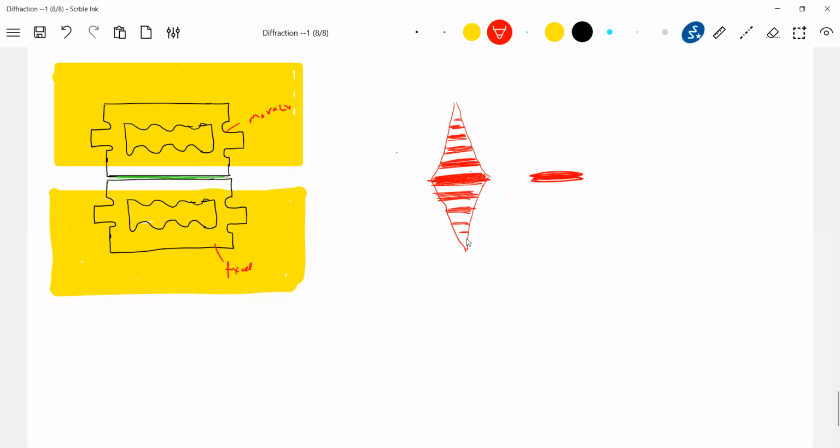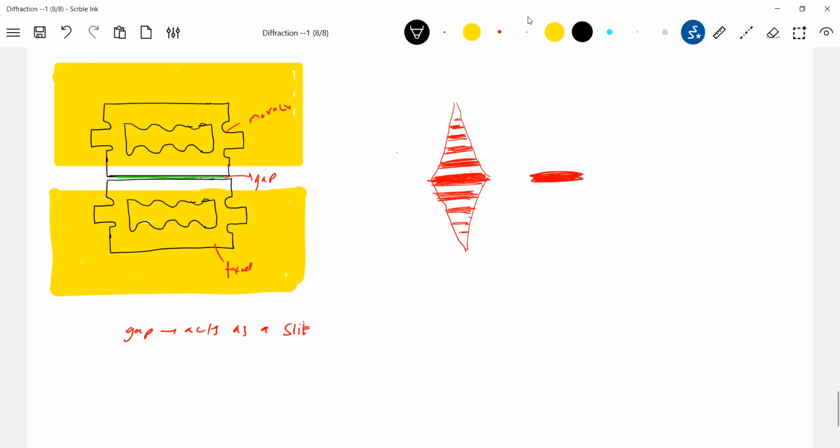According to linear propagation, if light passes through it, what do you expect? We expect only this one. The light will pass through this narrow gap, and the gap will act like a slit. So according to ray optics, we just expect this. Why does this happen?